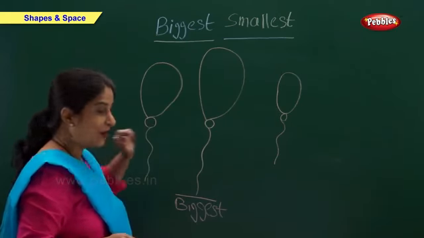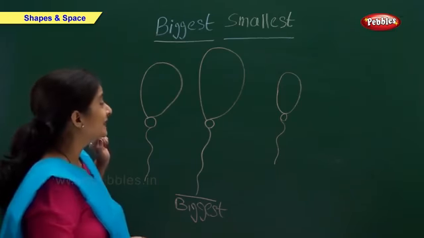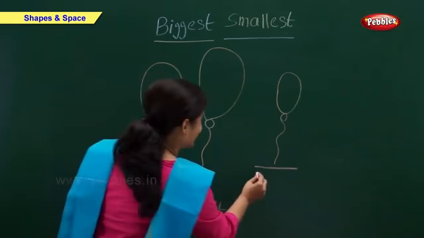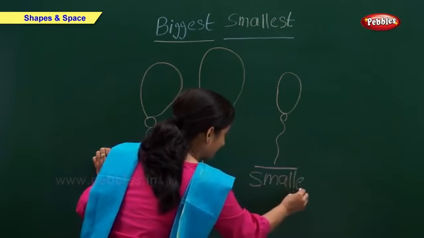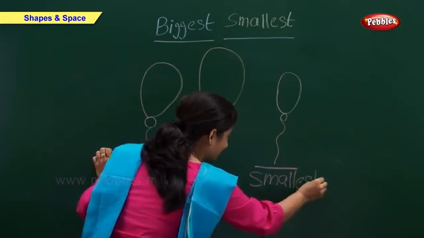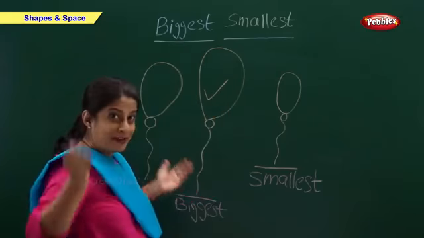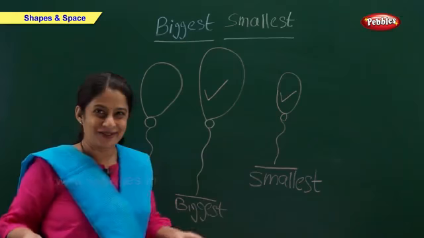Is this the smallest one? Or this? Right. The last balloon is the smallest one. So, this is our biggest balloon and this is the smallest balloon.